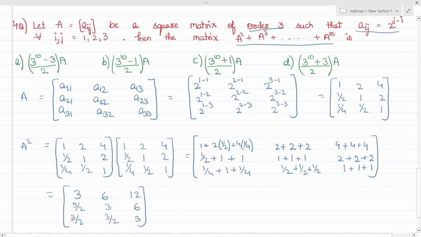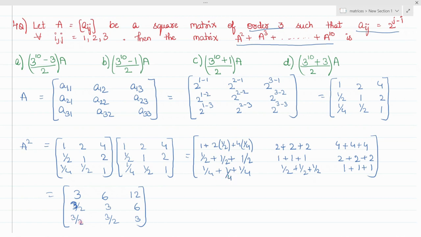Take 3 common. So here it becomes 1 by 2, and here also it becomes 1 by 2. You'll get 3 by 2 over here. And here you'll get 1 by 4.